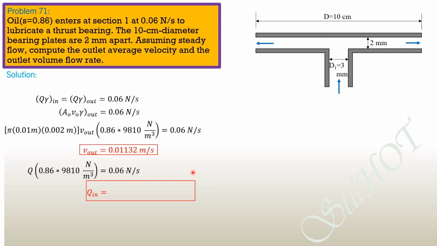And it is equal to Q in, which is equal to Q out, equals 7.112 times 10 to the negative 6 cubic meter per second. If we multiply this by 1000, it becomes liter per second. Multiply by 1000 again, it becomes milliliter per second. So in milliliter per second, it is 7.112 milliliter per second. So that's it for this problem.